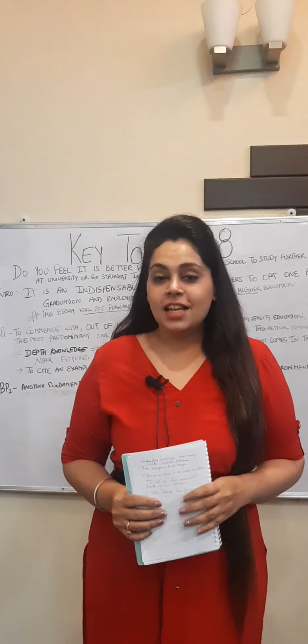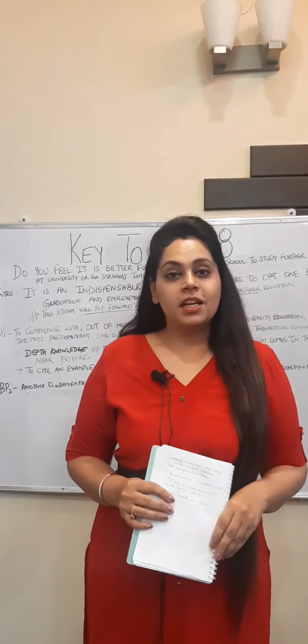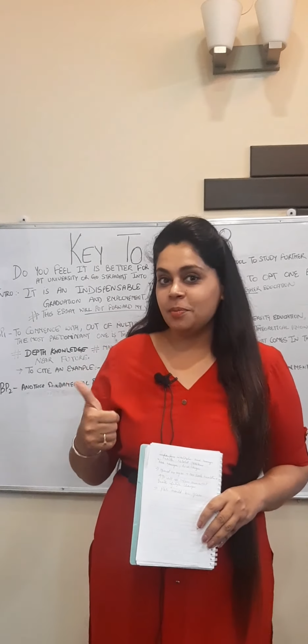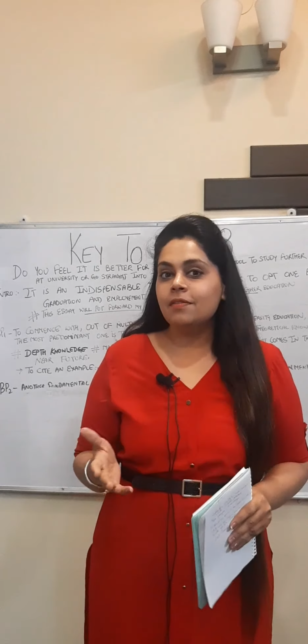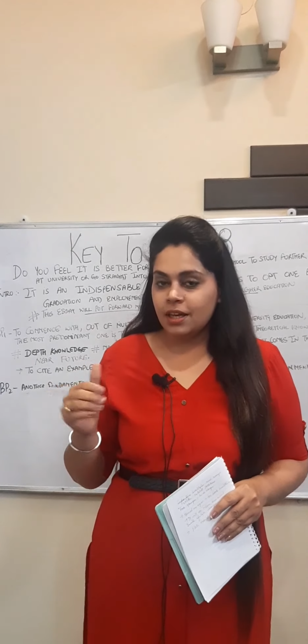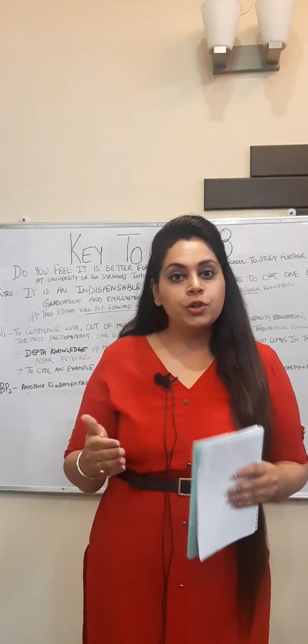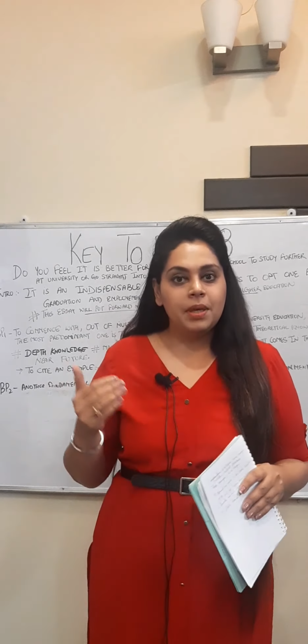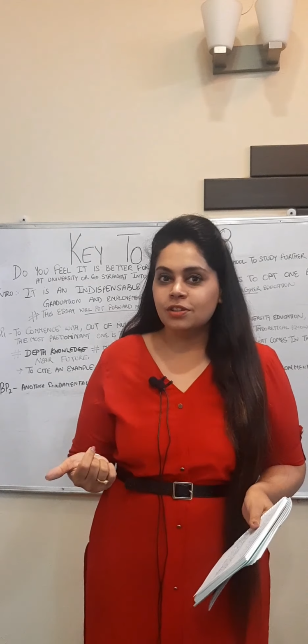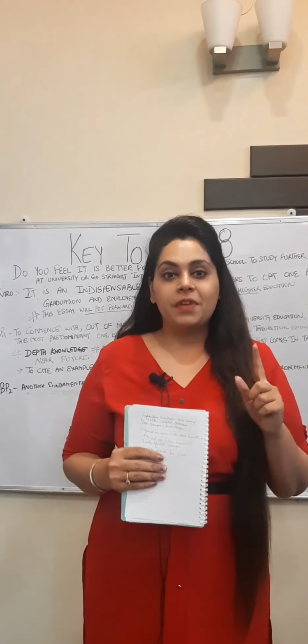So in today's lesson we are here with another task 2 for the writing module, and we'll be giving you a topic and then we'll be discussing how to write the introduction, what to write for BP1, BP2 and in the conclusion to score a band of 8.